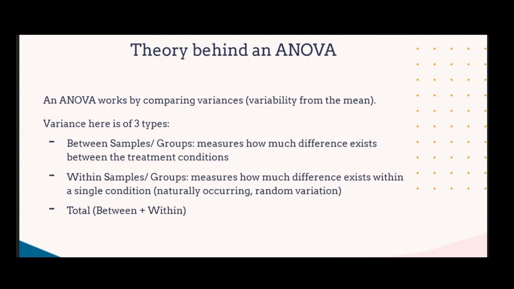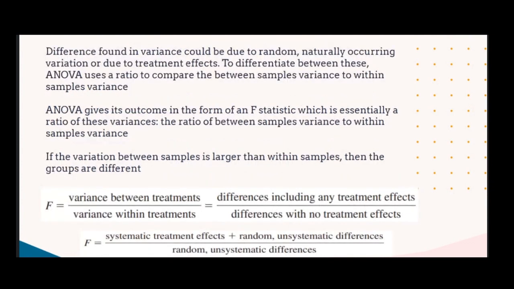But still, there is going to be some random, naturally occurring variation just because we're all human beings and we're all different from each other. That kind of variation is what the within samples variation measures. So you can think of it as the error, the naturally occurring, completely random error that occurs. Now, the theory behind the ANOVA is essentially in its ratio.